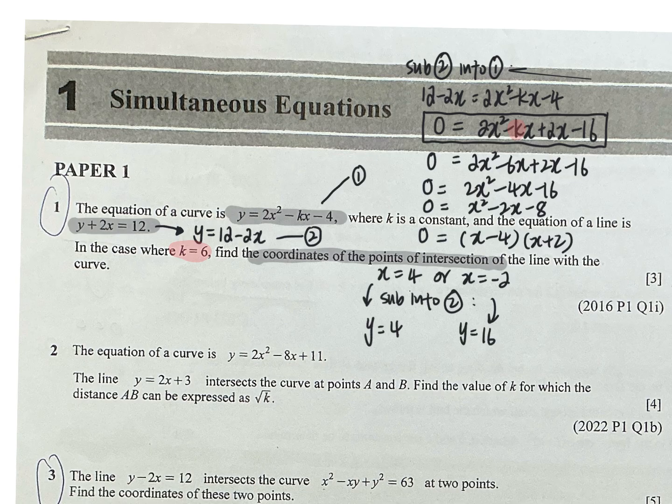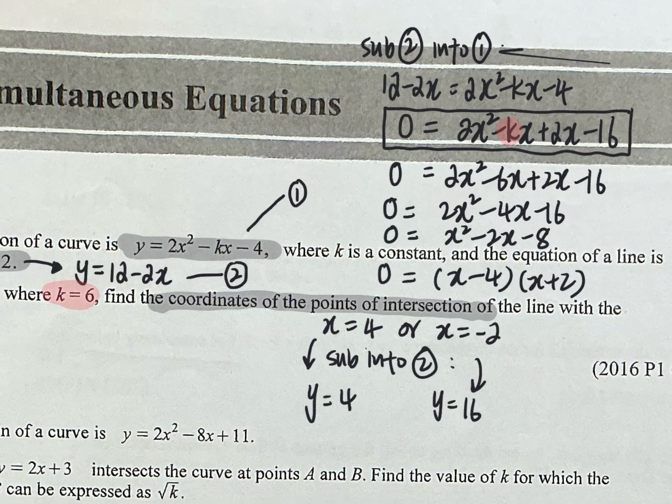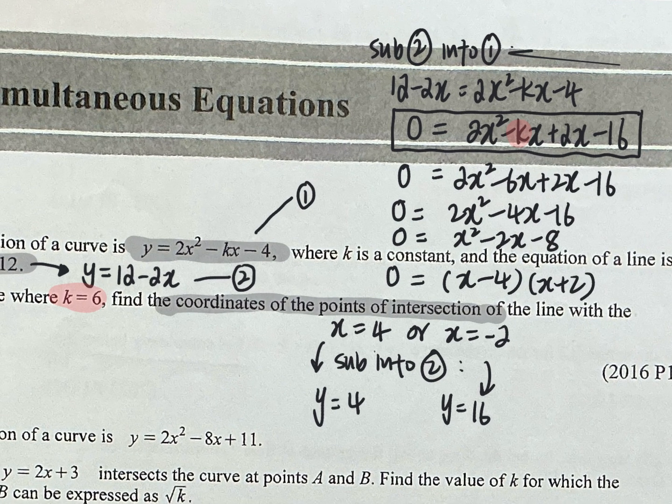So the two coordinates that you will get would be (4, 4) and (negative 2, 16). So you have to write it in coordinate form because the question wants the coordinates. So this is just a normal simultaneous equation and they give you the value of k. So you just sub in accordingly.